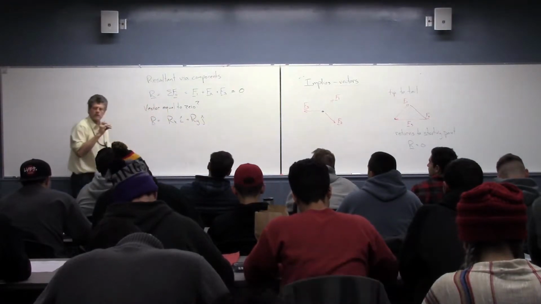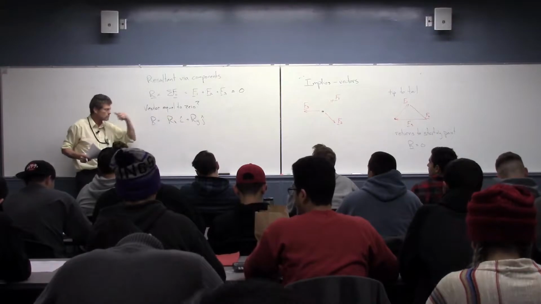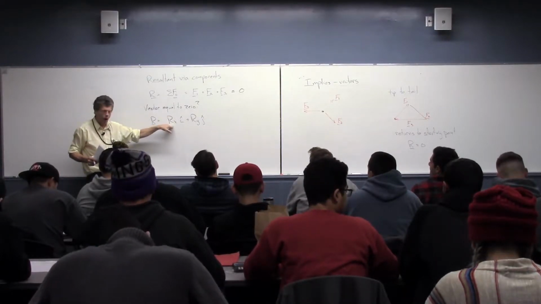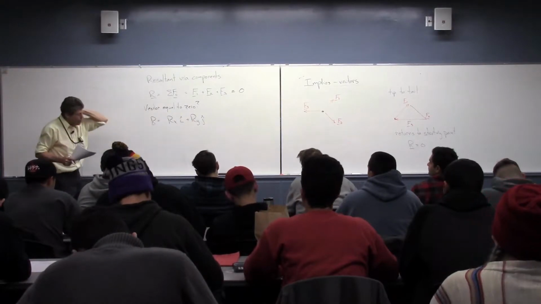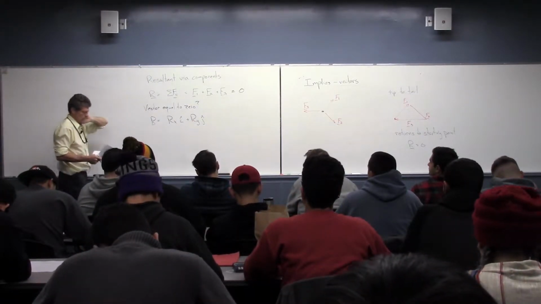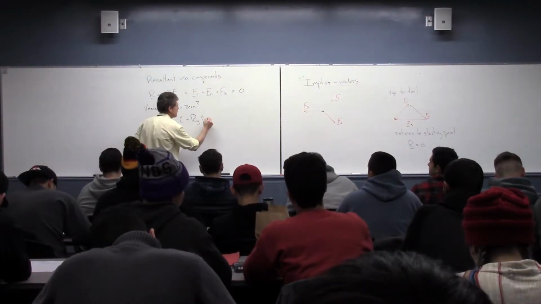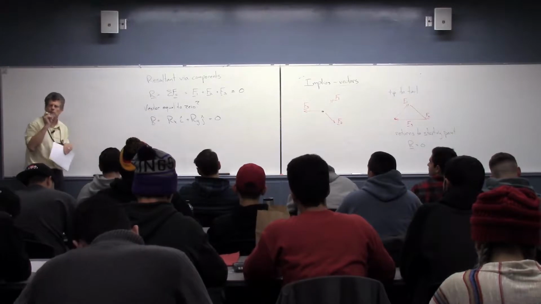Another way we can express a vector, remember, is in terms of those magnitudes and those unit vectors. So there's a magnitude of r in the x direction and a magnitude of r in the y direction there. If I set that equal to 0, what does that mean? How does a vector go to 0?